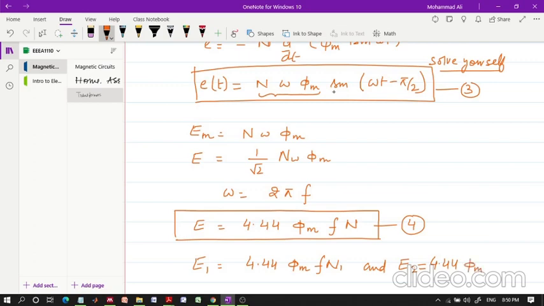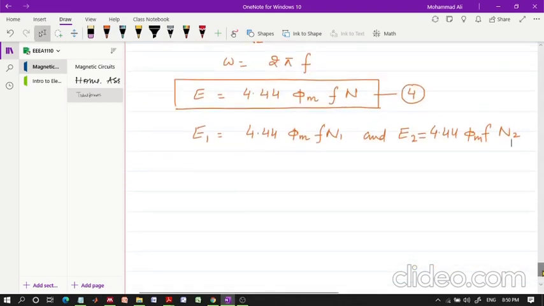The flux over here and here will be the same, and the frequency is also the same, so I can write it like this. Are you following this? Let this be equation 5, and this be equation 6.